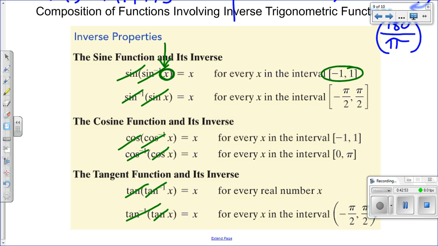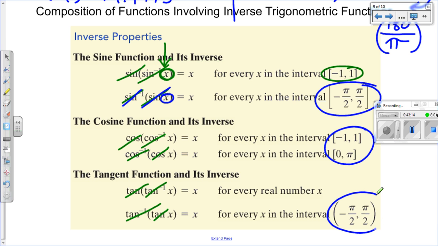And we could only do it this way if the angle here is in between that interval. If that's not the case, we cannot just cross out and we have to rely on another method, but it's pretty easy. Same thing applies for cosine and tangent. We have to make sure that we're within the valid intervals, all right?